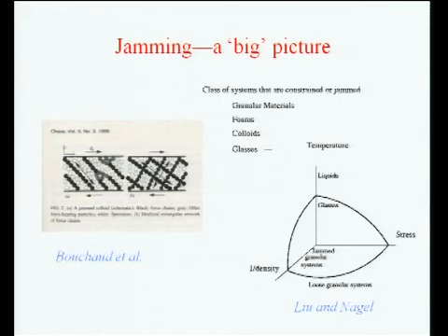This actually harkens back to a proposal, if you like, by Andrea Liu and Sid Nagel over 10 years ago. The idea is that they wanted to try to unify a whole collection of disordered particulate-like systems, and there are maybe most of the members of that class.